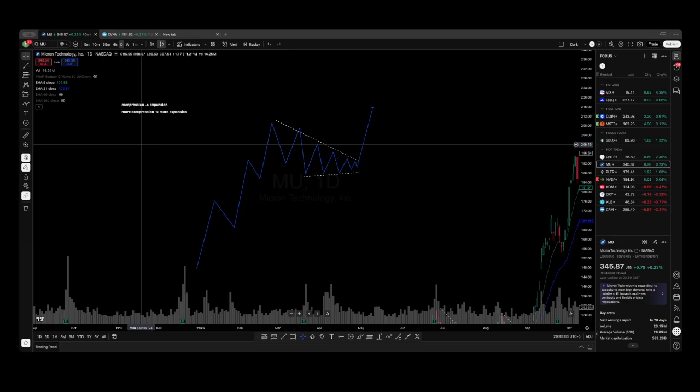Instead, he gives it time to actually pull back and set up a bigger form of consolidation, right? So instead of just buying on day one, he waits for price to continue to compress, waits for an inside day or double inside day to set up, and then he looks to buy it then, right?